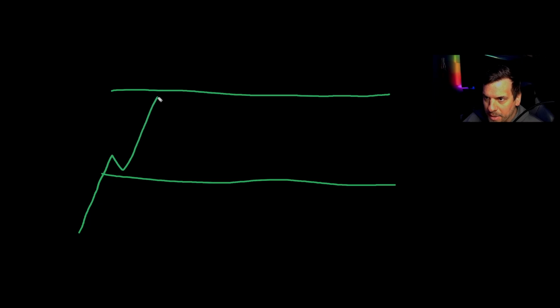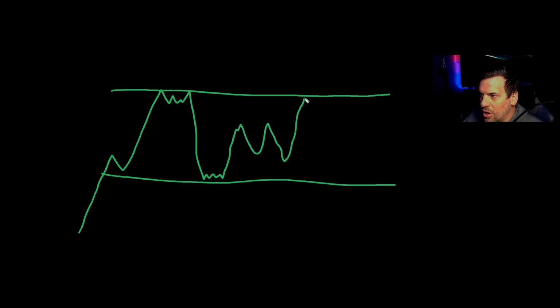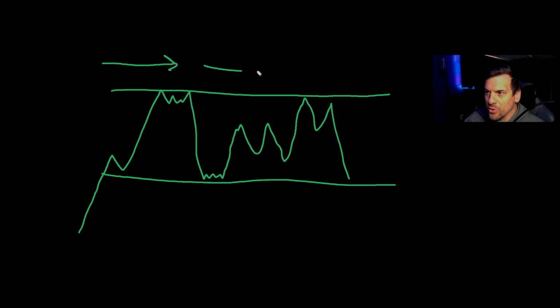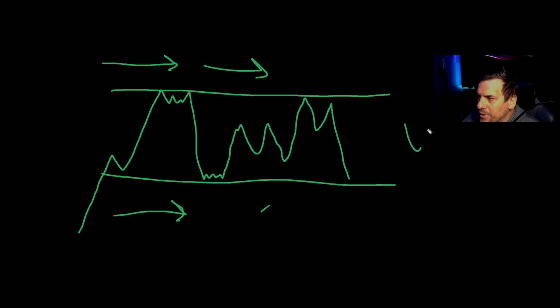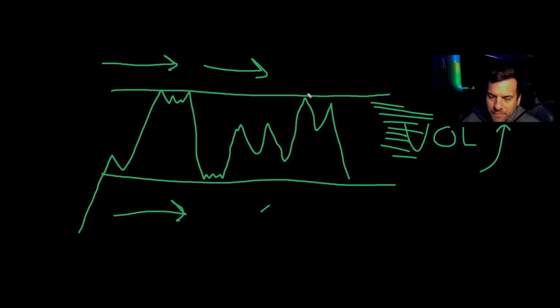Just think about a price range. Price comes up, and then maybe it creates a resistance, and then it comes down and creates a support. Then along the way, price just goes sideways and sideways, and there really isn't a lot of move. What ends up happening is that the volume on all of these positions goes up, and that's what creates that big volume node, that big volume level.